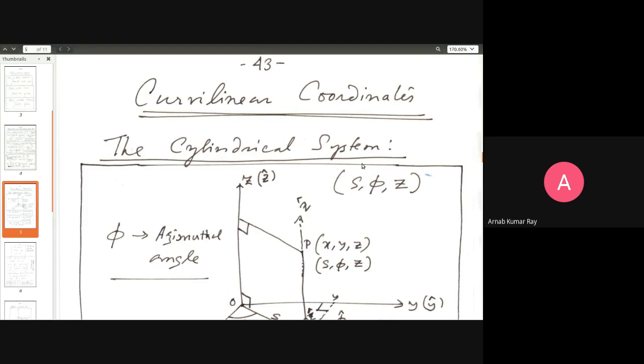You place it at the origin of coordinates. And what is the strength of the field produced by this charge? It is Q, that is the value of the charge, divided by 4 pi epsilon naught r squared into vector r cap.